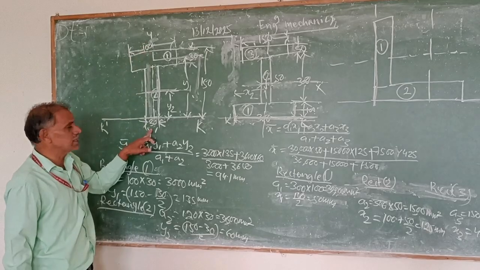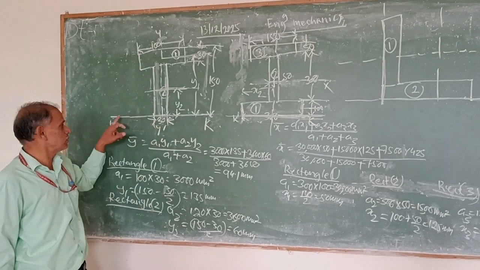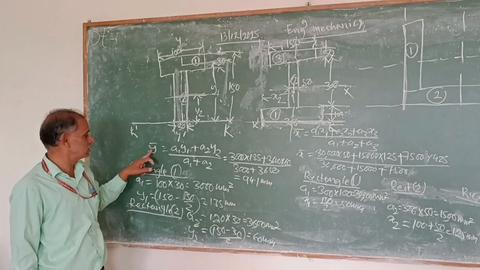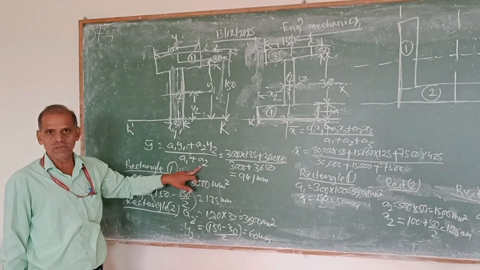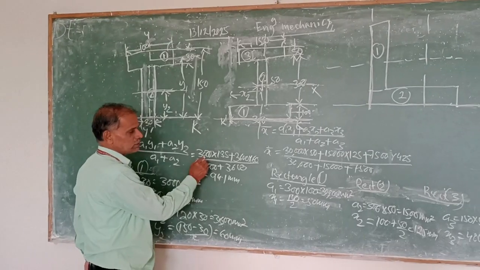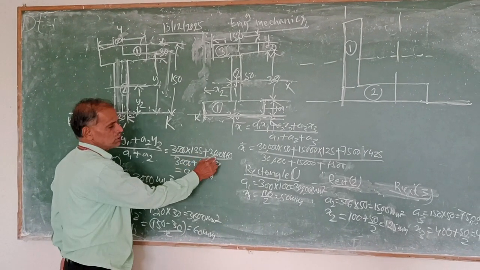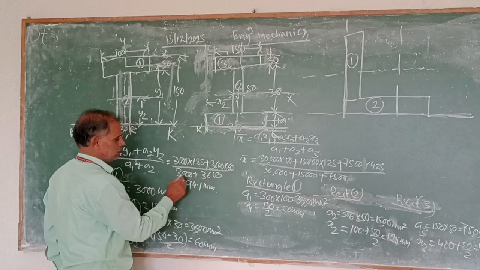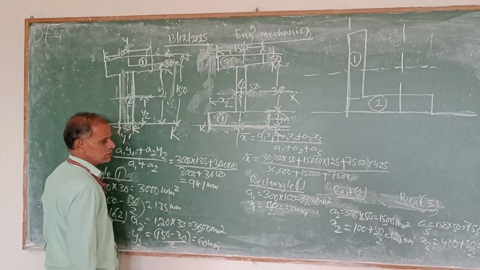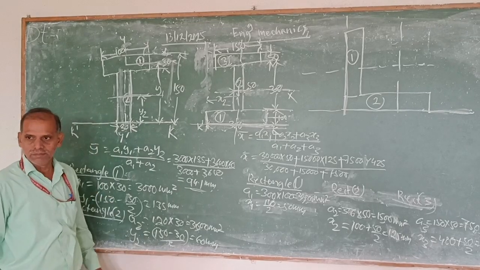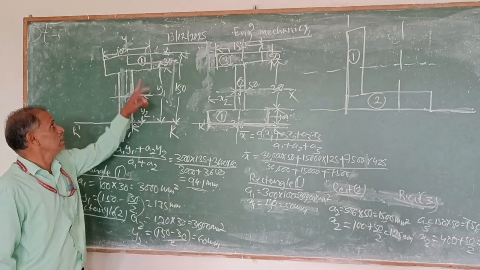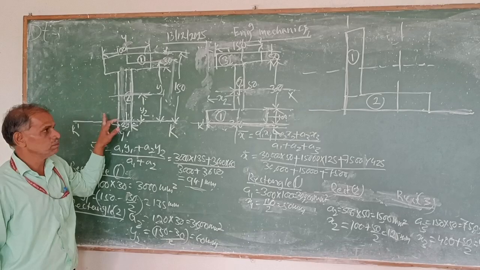Since it is symmetrical about the y-axis, the center of gravity will lie on this axis, and y bar is equal to A1 y1 plus A2 y2 divided by A1 plus A2. The value of 3000 into 135 plus 3600 into 60 divided by 3000 plus 3600 will be 94.1 mm. This is the center of gravity of the whole section.